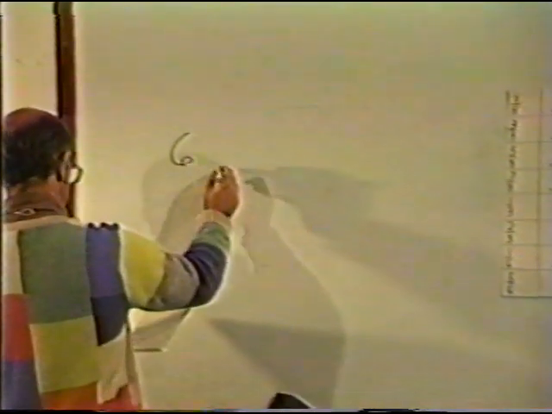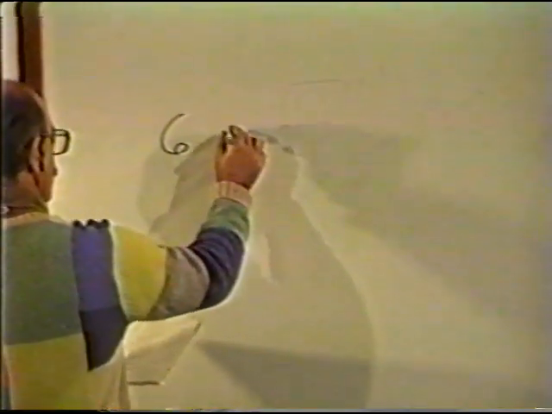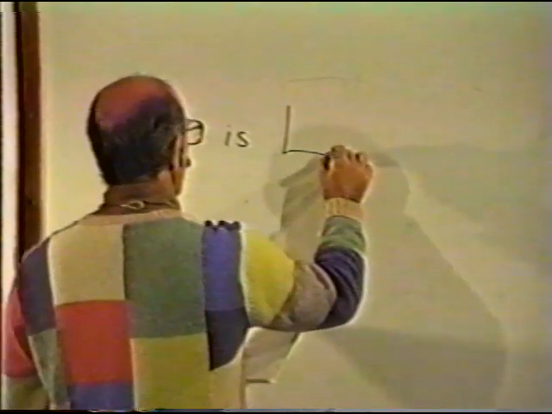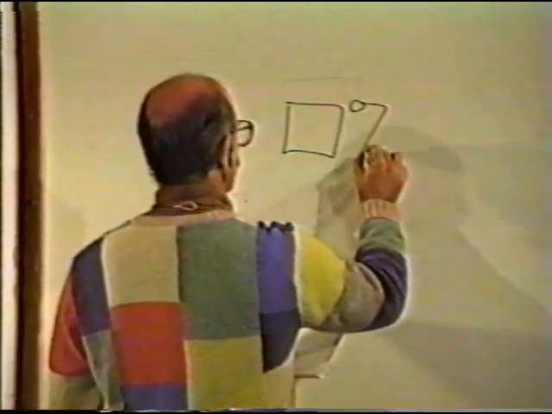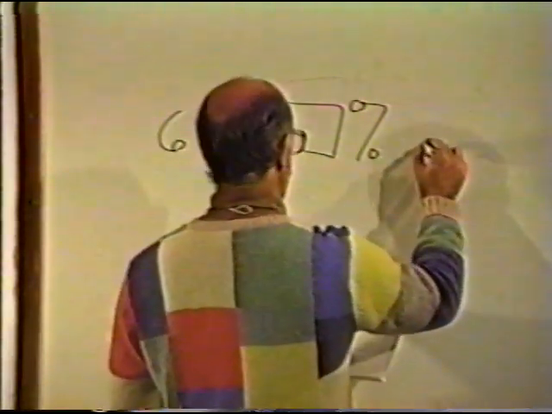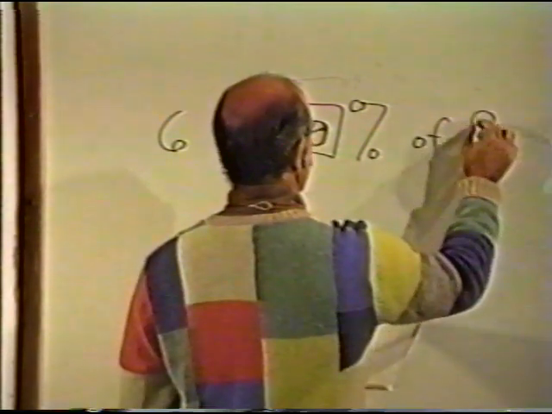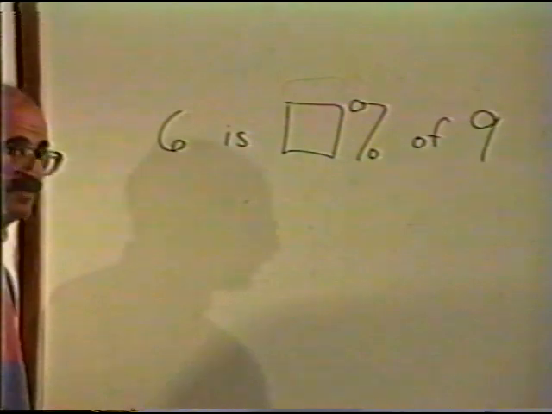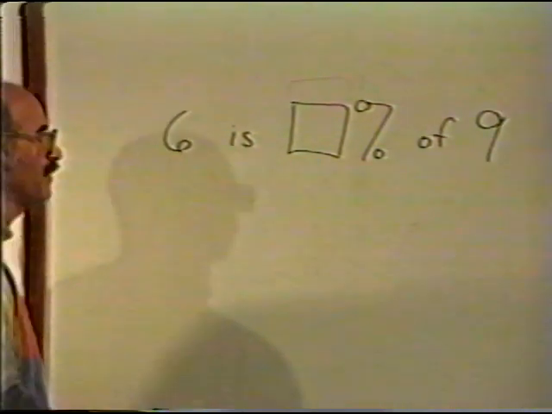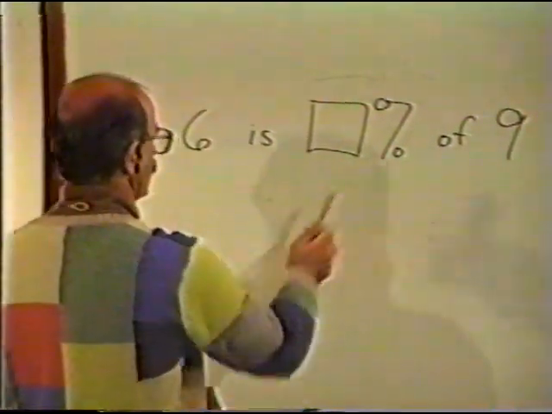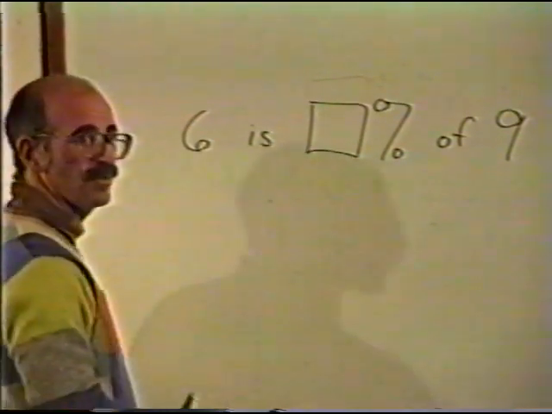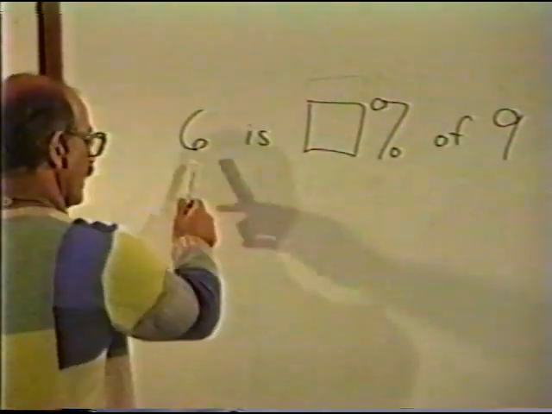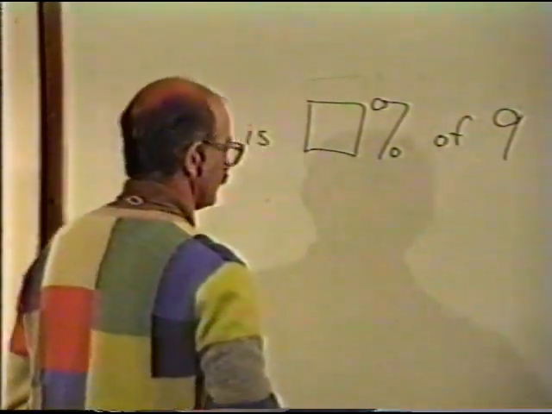Here's the next one. 6 is what percent of 9? We make a fraction out of it because it's a type 2 problem. What percent? Which number do we put on the bottom, the 6 or the 9? The 9.